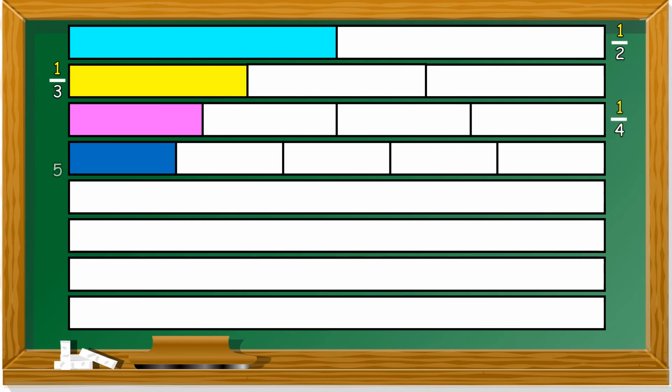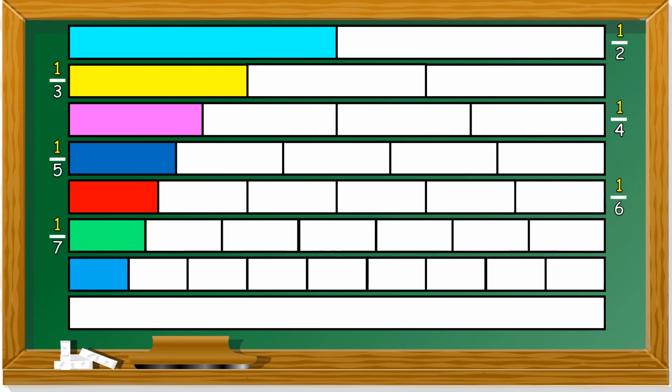So in conclusion, you look at this. This is how many parts? 2. So it's 1/2. Next one, 1/3, 1 over 4, 1 over 5, 1 over 6, 1 over 7.